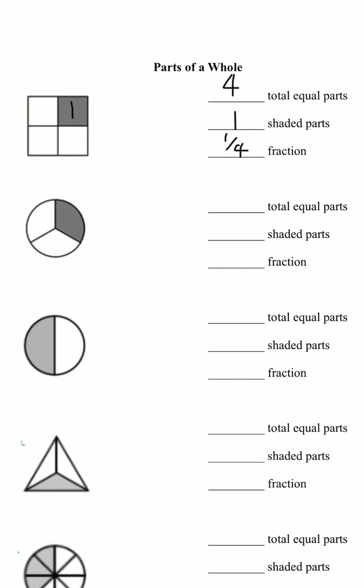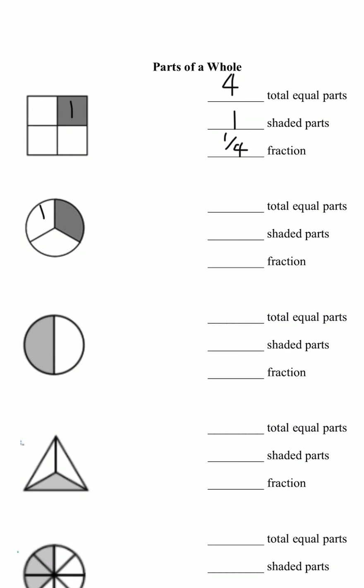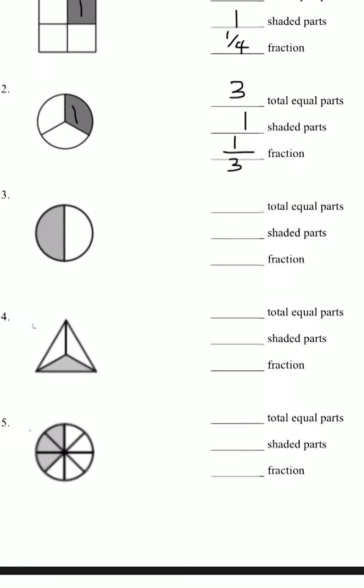Now, let's try number 2. We have 1, 2, and 3. 3 total equal parts. And then shaded parts, we have only 1 shaded part. So 1. And now we take these numbers and we put it into a fraction. 1 over 3, so 1/3. Okay?